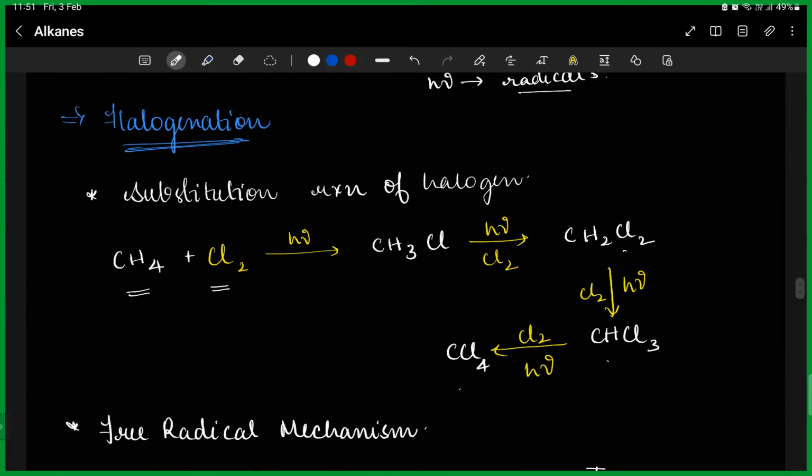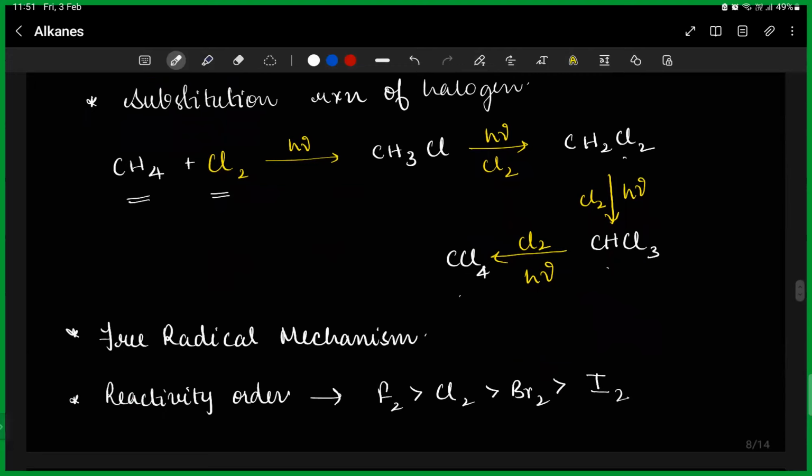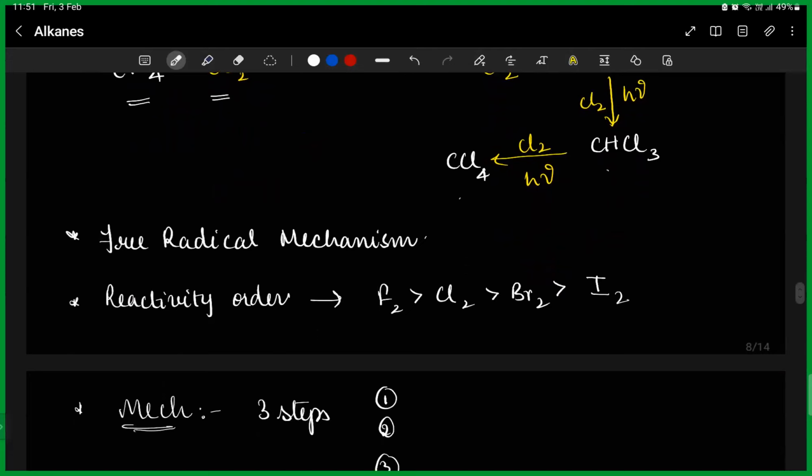So the halogenation reaction means you add Cl2 to an alkane in the presence of sunlight, and then a substituted alkane, or alkyl halide, is formed. This occurs by a free radical mechanism, and the reactivity order is fluorine, chlorine, bromine, iodine.